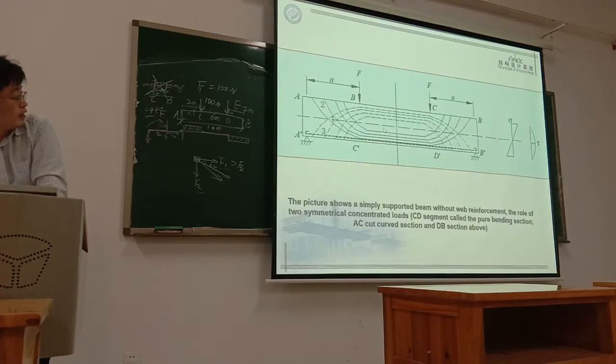So that's why the curve is like this. In the middle position, it's 45 degrees. At the lower part in the tension zone, the angle is smaller than 45 degrees. At the upper part, the angle is larger than 45 degrees.